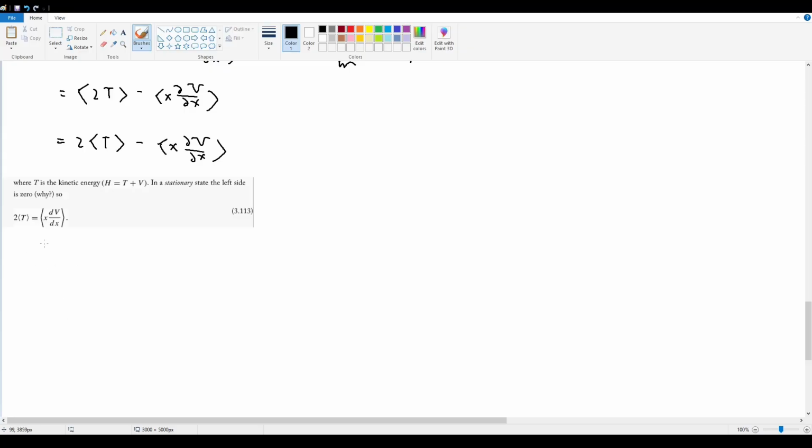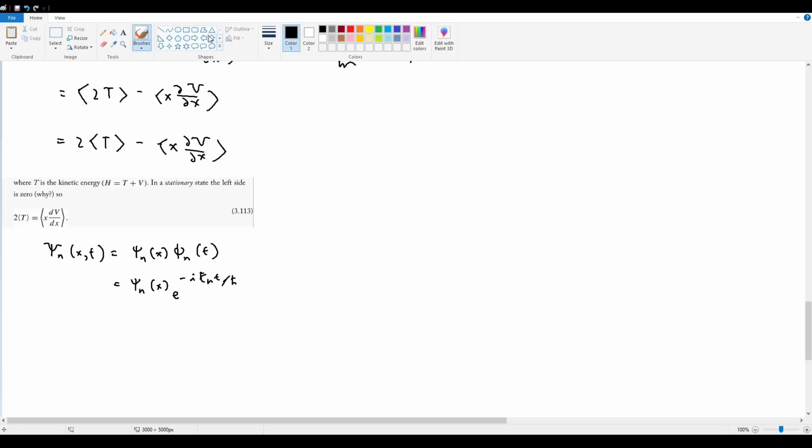So in a stationary state, we have psi n of x comma t is equal to little psi n of x times little phi n of t, where phi n of t has been defined explicitly as the complex exponential e to the negative i E n t divided by h bar, where n is a given energy state, right?